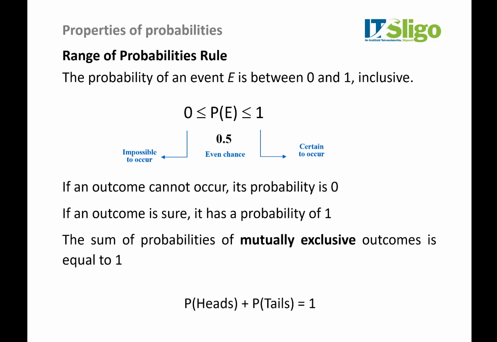So heads and tails are mutually exclusive. The probability of two mutually exclusive events is 1, because when you flip a coin, it's either going to be heads or tails. It has to be one or the other. So the probability is 1 of throwing a heads or a tails.